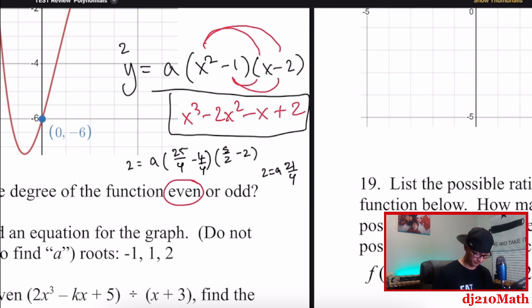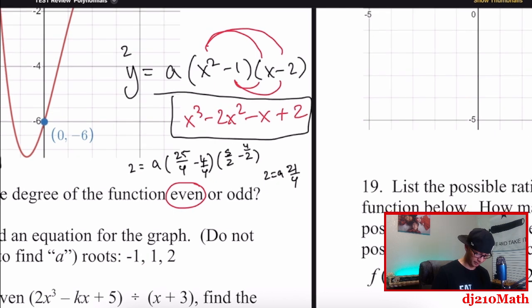And then 5 halves minus 2. 2 is really 4 over 2, so that's going to be 1 half. It's multiplication, right? Times 1 half. So 2 is equal to a times 21 over 2 times 4, which is 8.